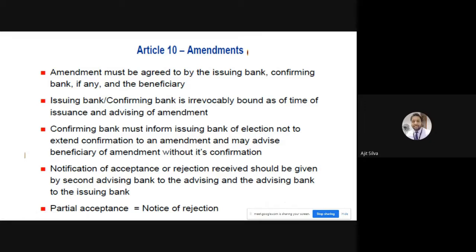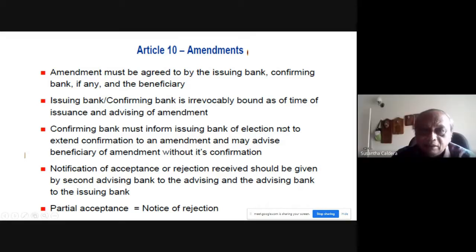Okay. Can we add our confirmation to the amendment? I gave you a case. As per that case, can you add your confirmation?